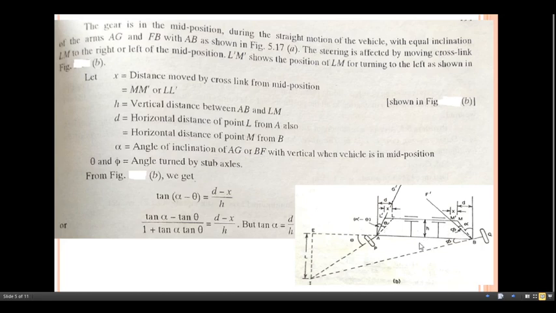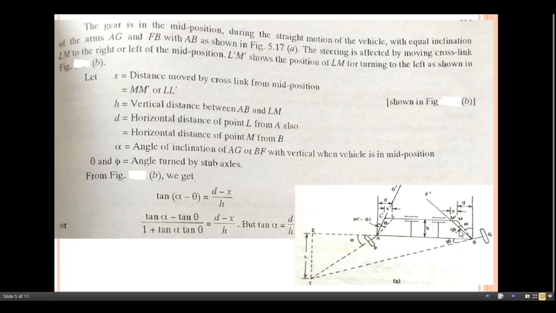After the vehicle takes the turn towards the left side, initially we considered this angle. This angle is nothing but alpha, and the same angle we can get here, alpha. So this angle is nothing but alpha minus theta.